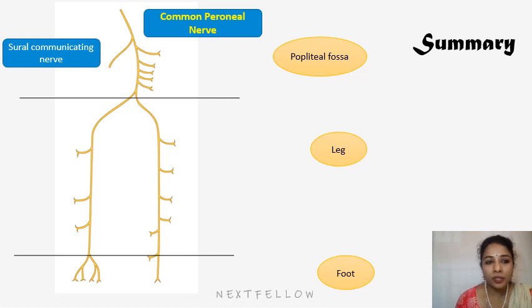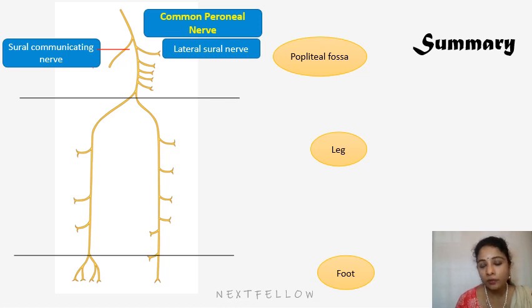So common peroneal nerve gives rise to the sural communicating nerve. It also gives rise to the lateral sural nerve, which supplies cutaneous supply to the upper part of the leg laterally.